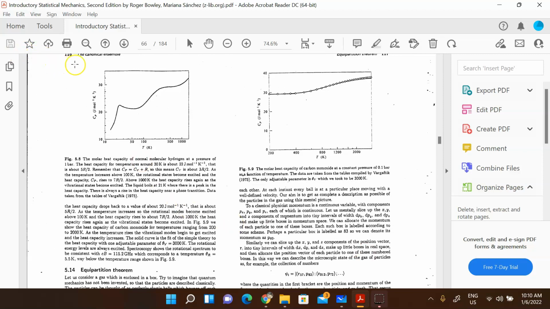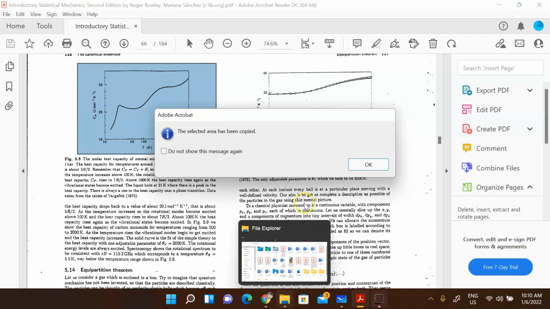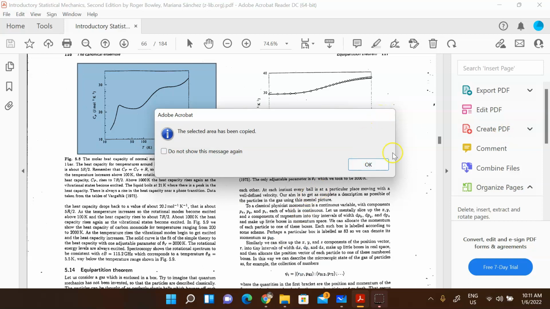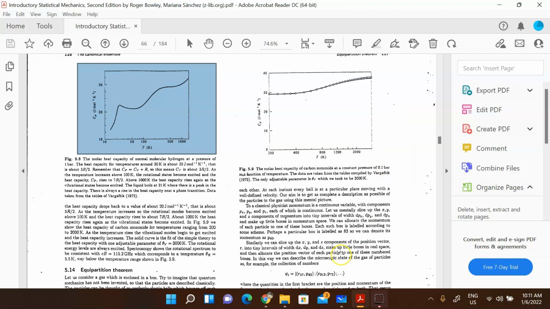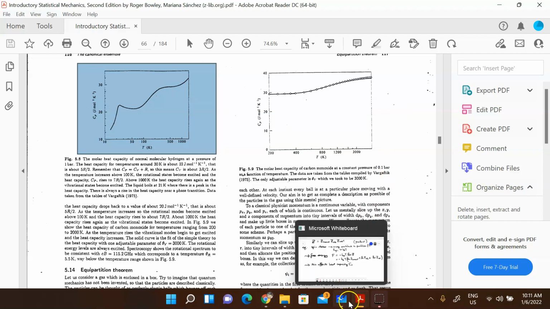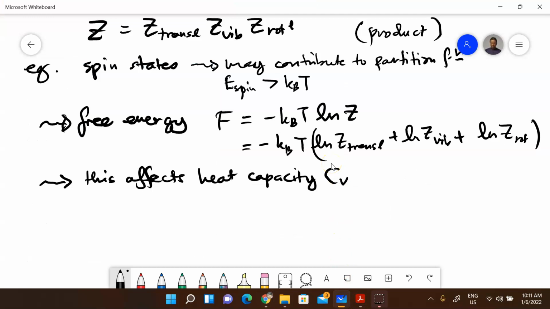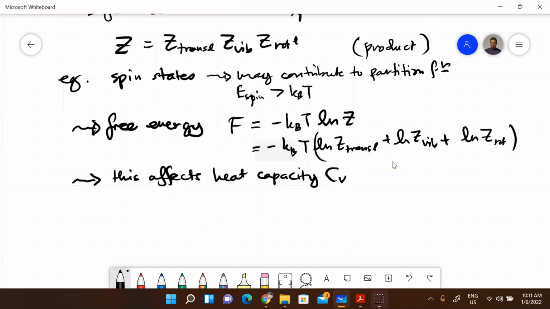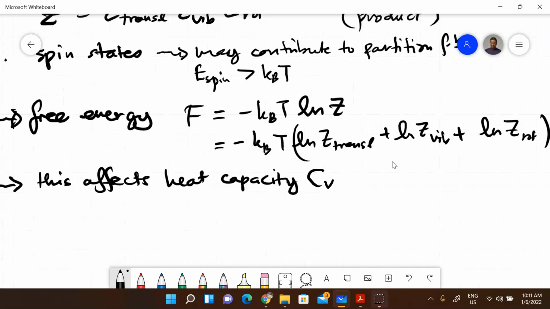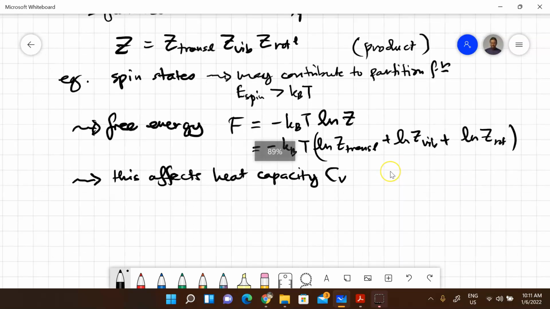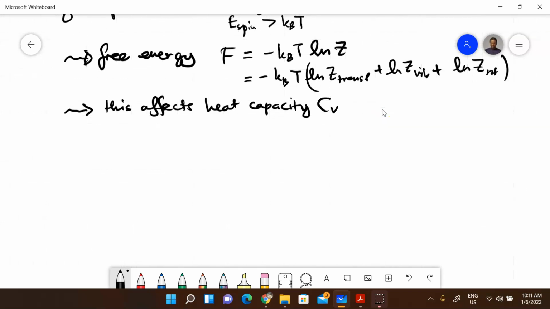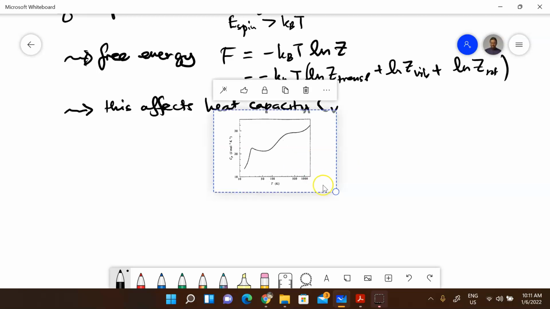Here are two cases of two different molecules. Here is molecular hydrogen.